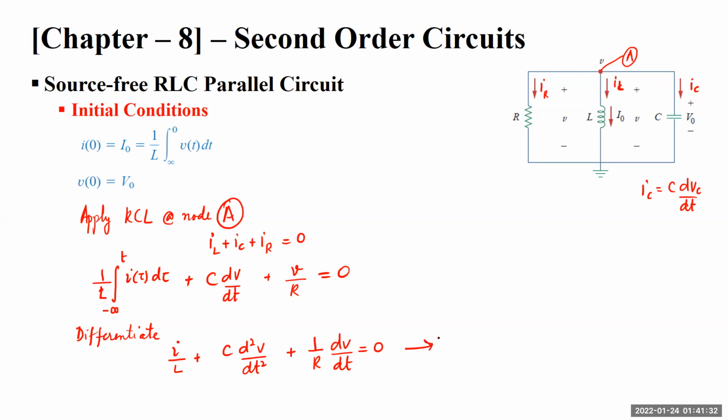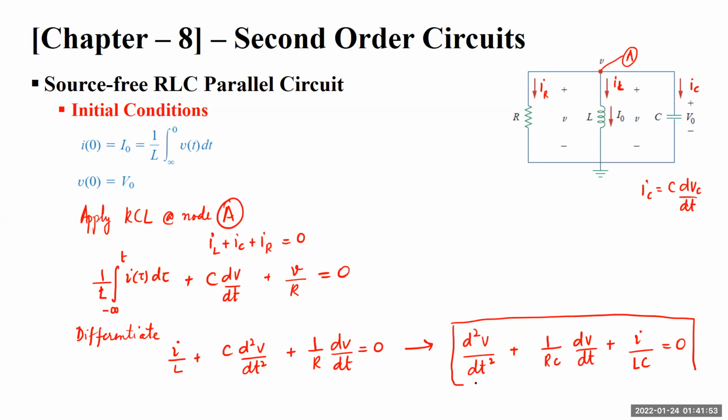We further simplify it, and we get d2V by dt square plus 1 by RC dV by dt plus V by LC equals 0. So this is my differential equation, and this is the differential equation which we have to solve here in order to get to our solution.